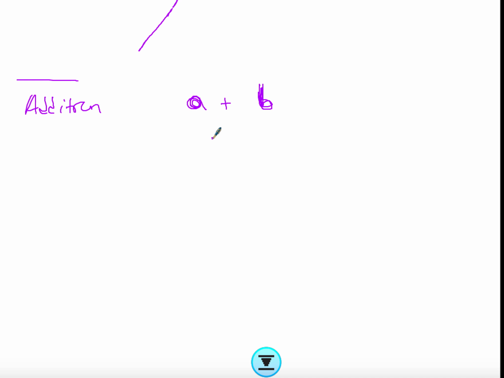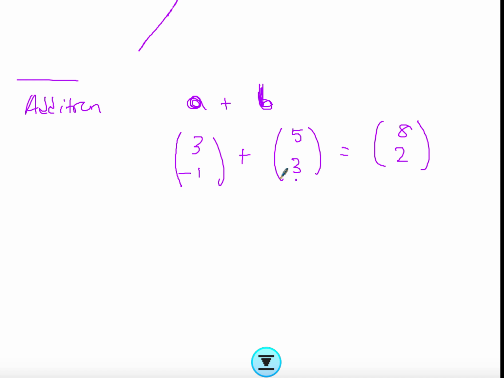I mean just the letters X and Y. So if I have, say, this was 3, negative 1, and I'm adding it to 5 and 3, then I'm going to add 3 and 5, so I'll have 8, and negative 1 and 3, so I'll have a 2. So you're just going to add them across. Now, what does this actually look like?